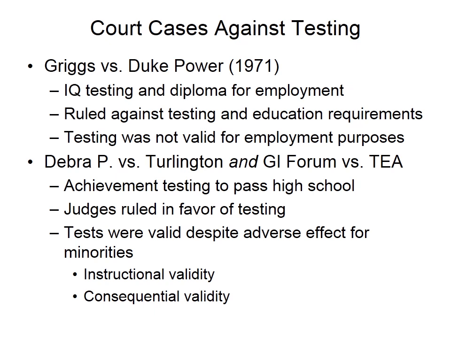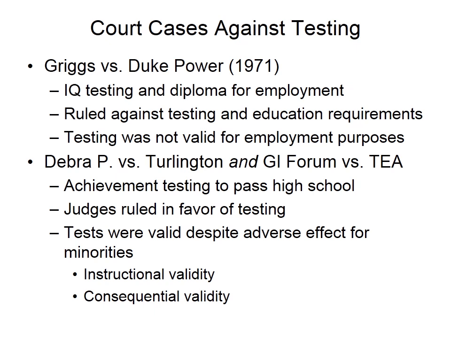By using cognitive ability and what kind of diploma you got, so did you graduate high school, did you graduate college, as markers for employment, Duke Power was finding that they were hiring more white men than any other protected group. The courts ruled against Duke Power and said that they couldn't be using these testing and education requirements, specifically because it wasn't shown that cognitive ability and education were actually a requirement to do the job.